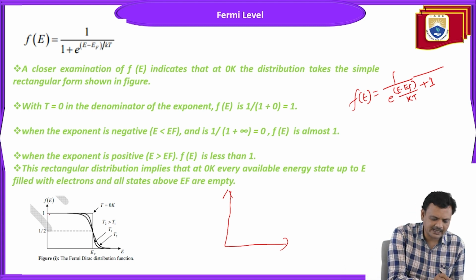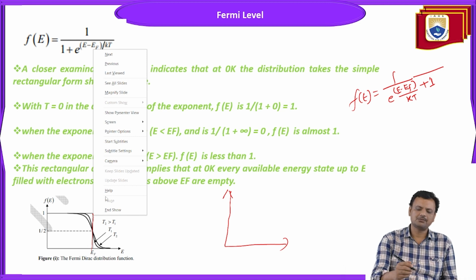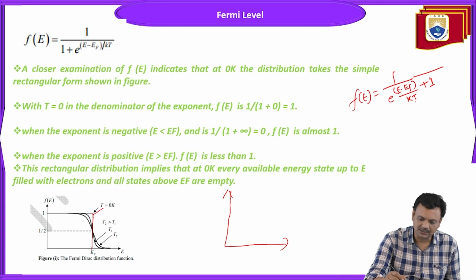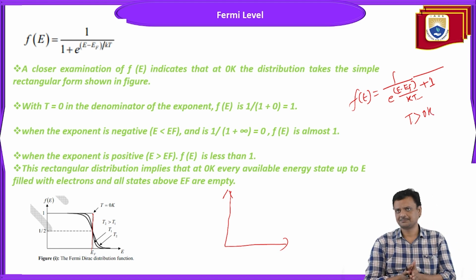So this rectangle is the graph at absolute 0 temperature, T equal to 0 Kelvin. Now what will happen if you increase the temperature T?